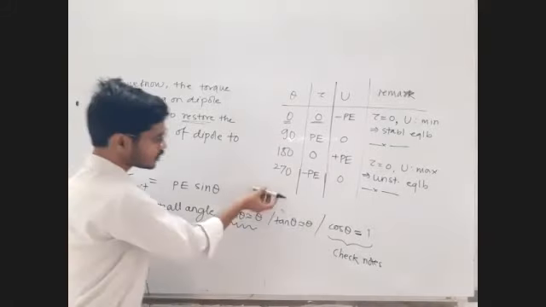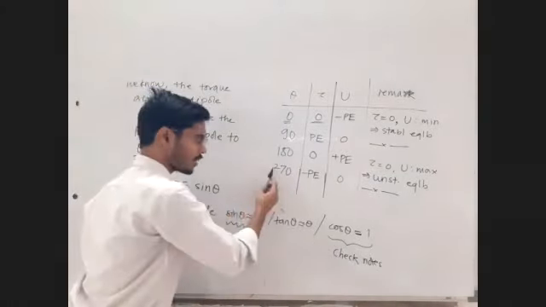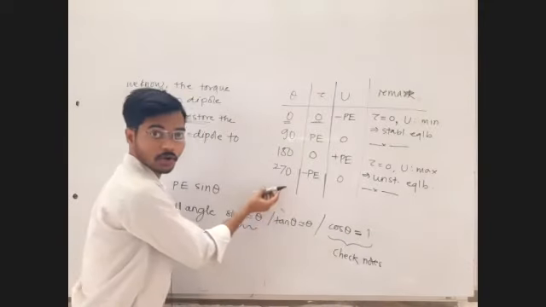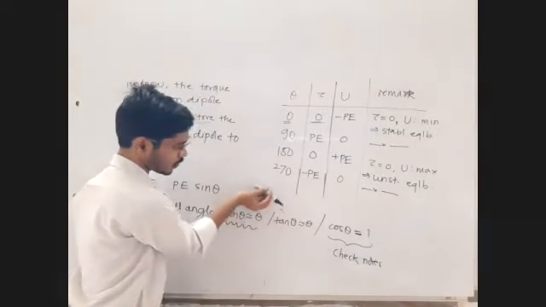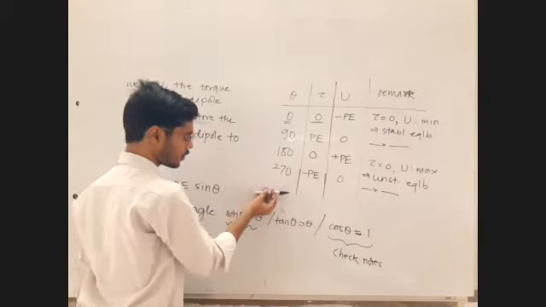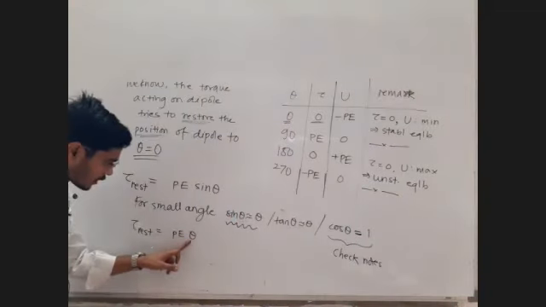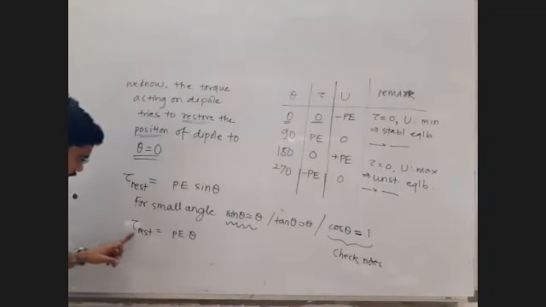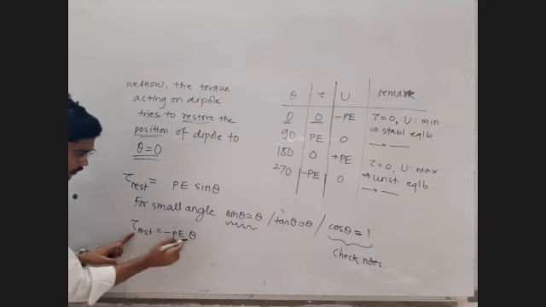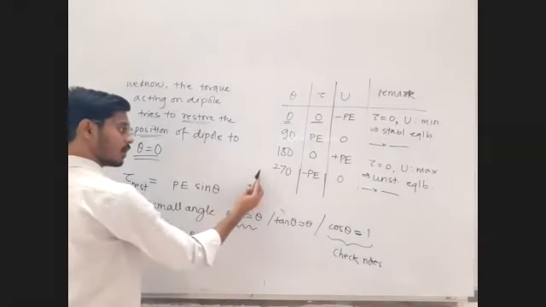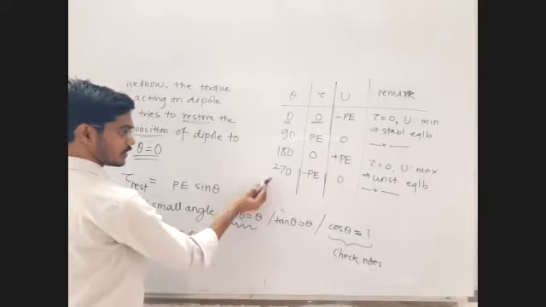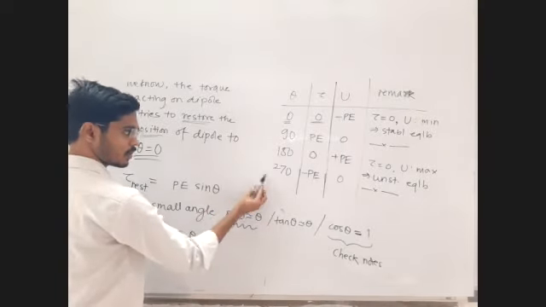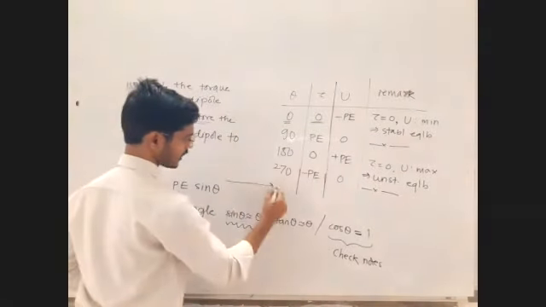But if we displace the dipole anti-clockwise, torque will say rotate clockwise. If we displace the dipole clockwise, torque will say rotate anti-clockwise. So this angle or the position and the torque are opposite to each other. This is the direction of electric field.